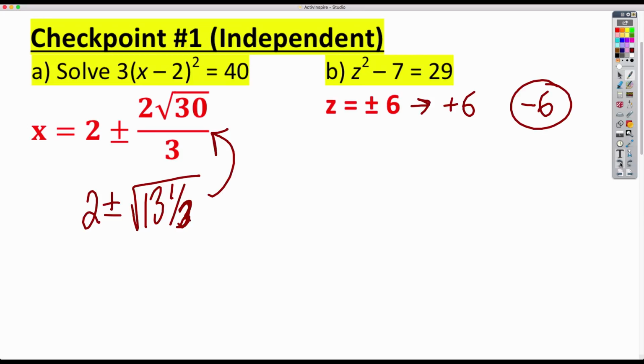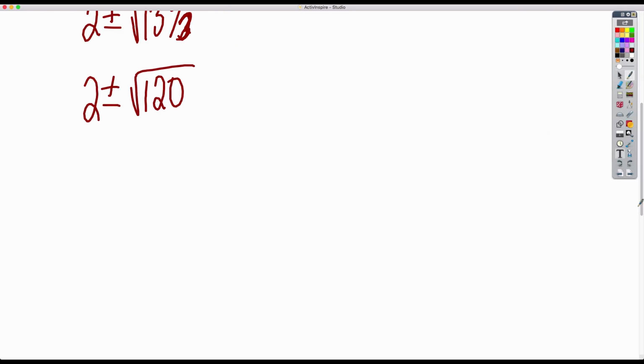Okay, so it comes out to 2 plus or minus square root of 120. Okay, so what's 120 divisible by? 4 times 30. Okay, so I need to go all the way back.